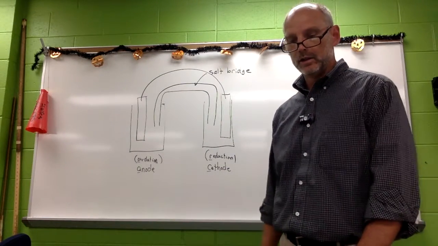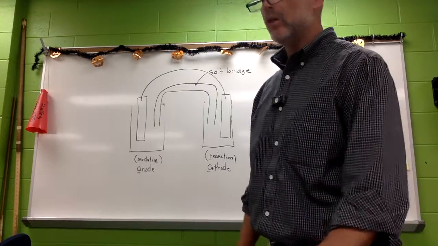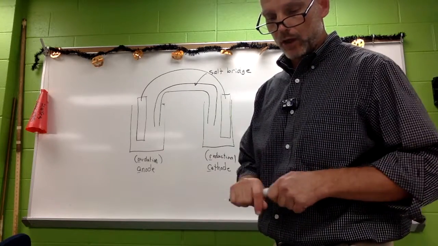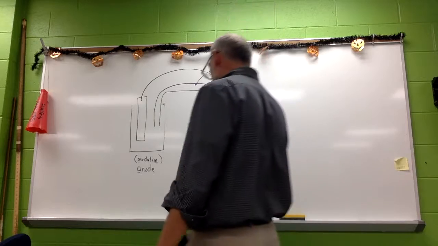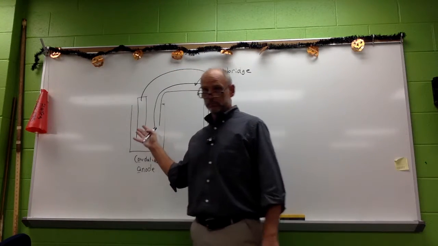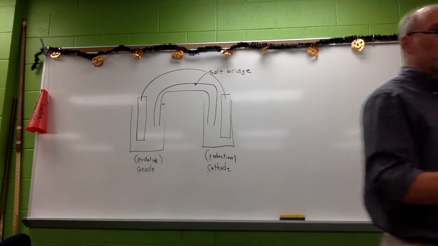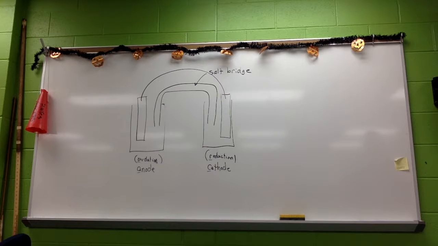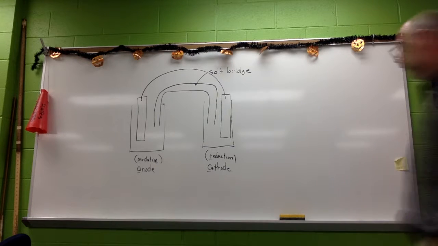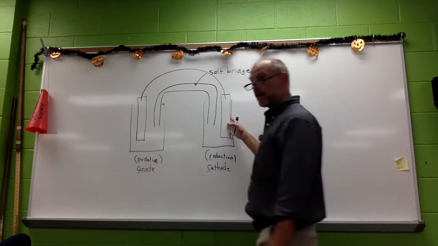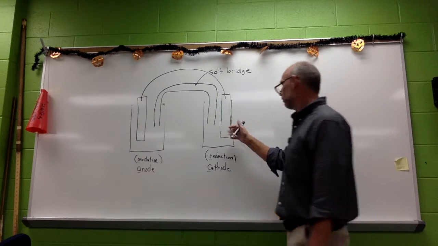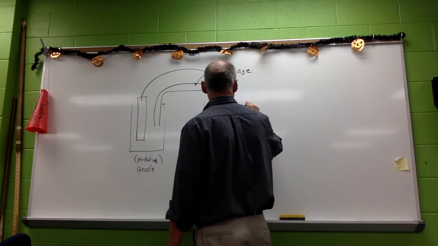Now, the cathode could be a number of different things other than a metal. The anodes are typically metals. Different types of metals, we'll find out why it matters what metal you have, very shortly. The cathode can be a metal, but can also be other things.